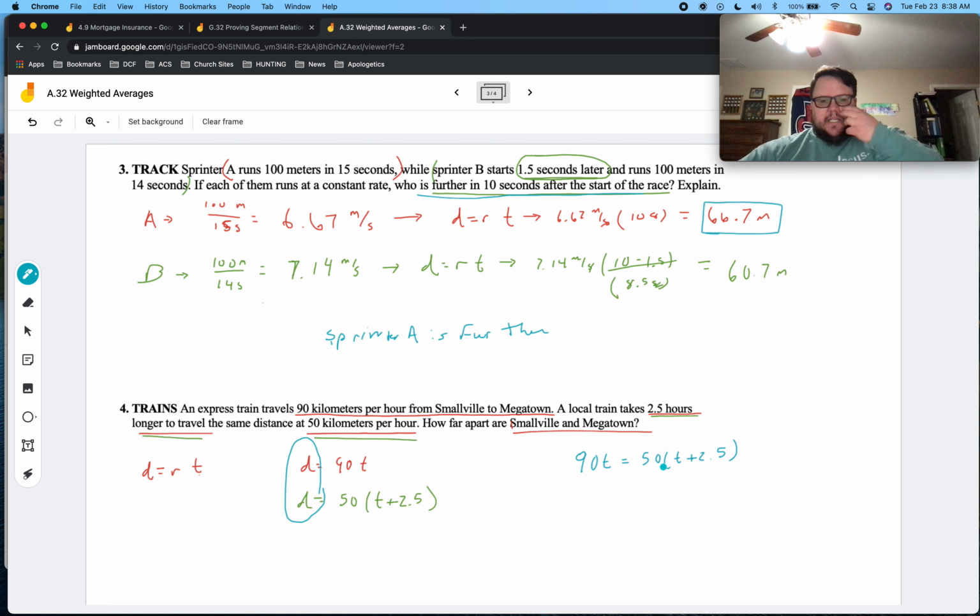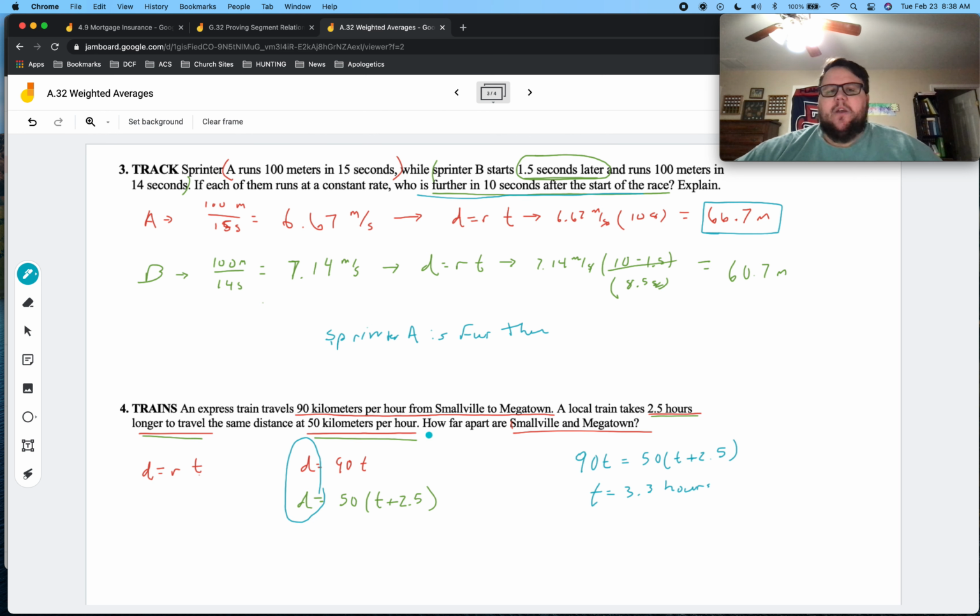I'm going to let you guys solve that part on your own, I'm just going to give you the answer here. Remember, we distribute the 50, subtract 50T over, divide by 50. 50 times 2.5 is 125. 125 divided by 50, we get T equals 3.3 hours.